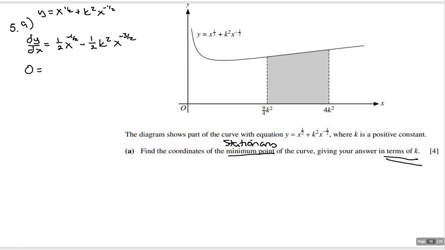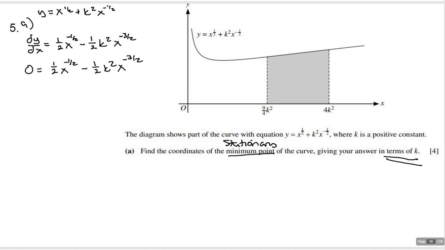In this case, I'm going to try to leave it this way for a second. Keep in mind what we're trying to do is find the value of x, so we're going to have to get x alone.